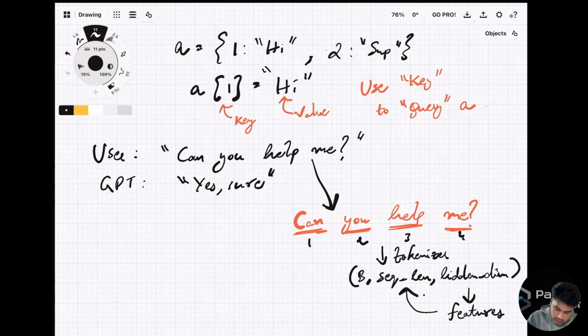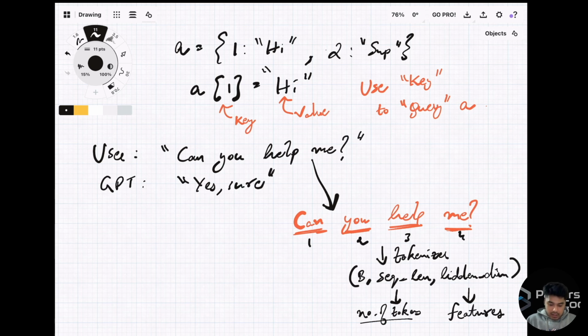And the sequence length is the number of tokens. And the features here are the information or the semantic meanings of these tokens.